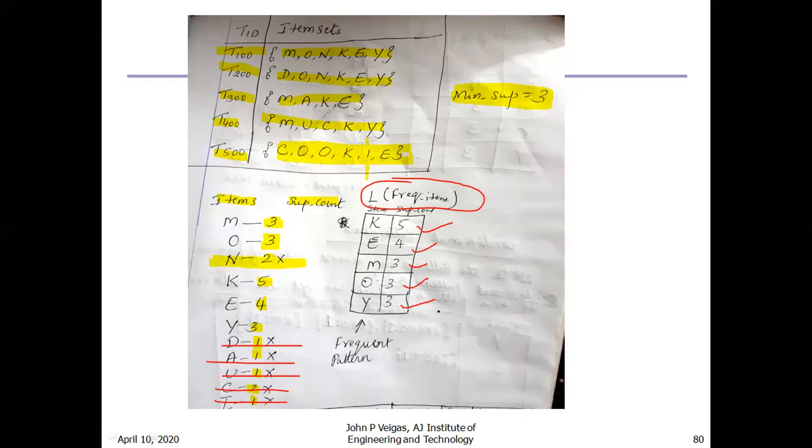So like this we need to write the frequent patterns whose support count is greater than or equal to the minimum support. I hope you are writing this.